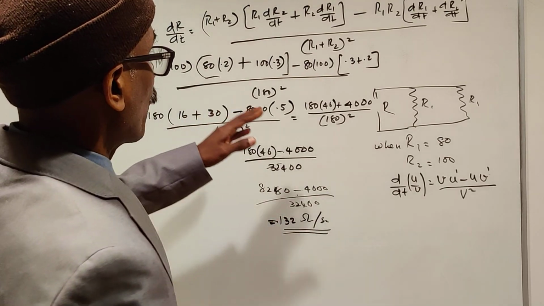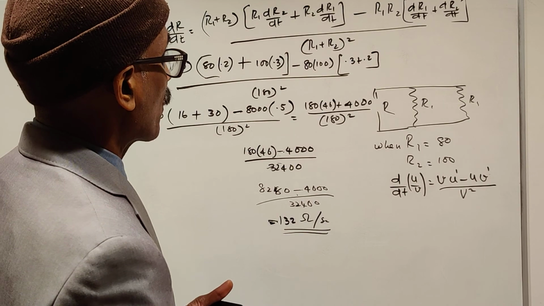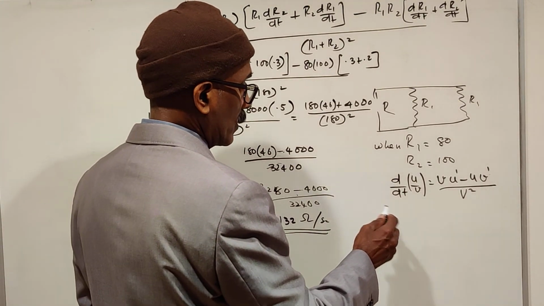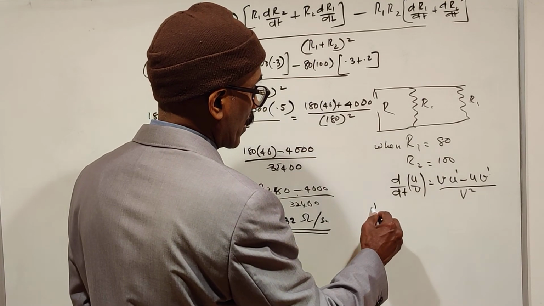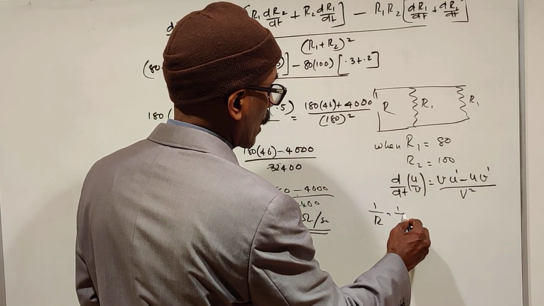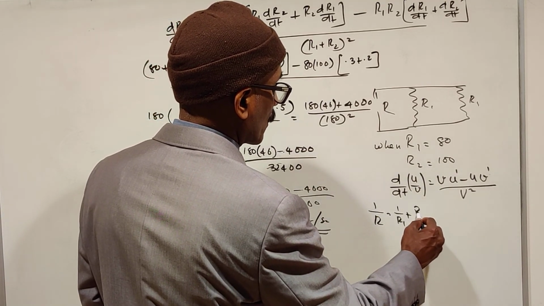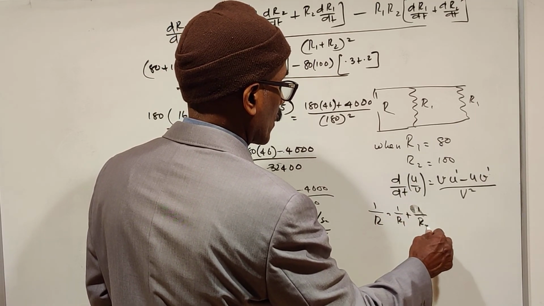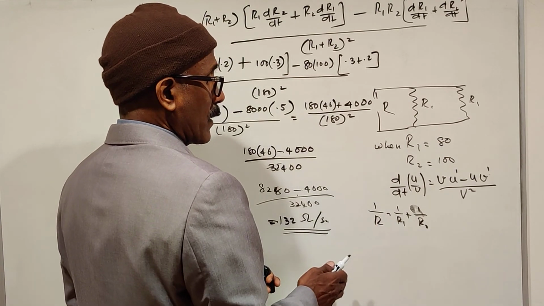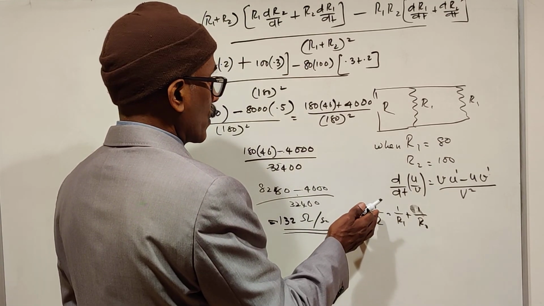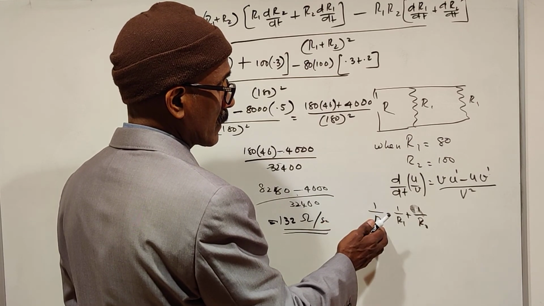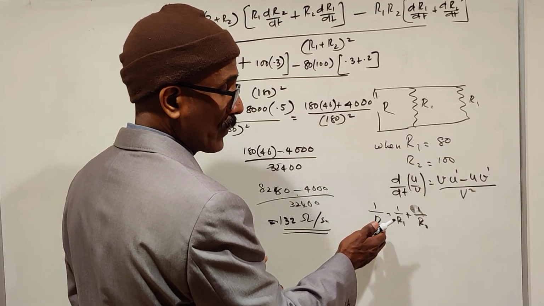Okay guys, this is the formula. You need to remember the formula first. They will give the question, and you can see the formula: 1 by R is equal to 1 by R1 plus 1 by R2. But you need to simplify this. You know why we are simplifying this? Because we are going to find dR by dt, and if you do it like this, it is difficult to differentiate.